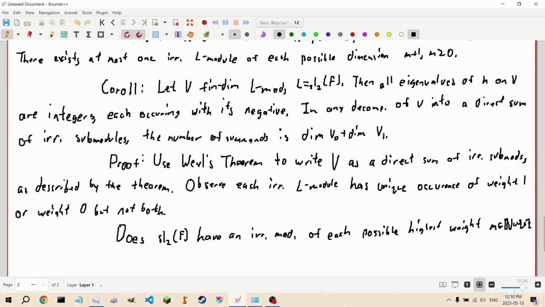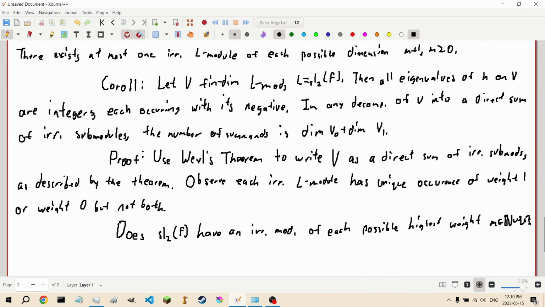It says we have common low-dimensional modules.